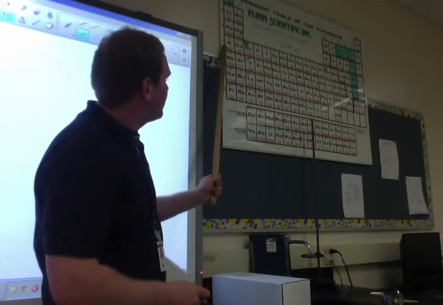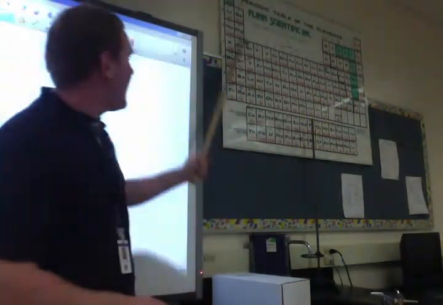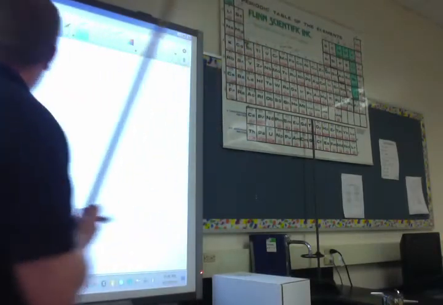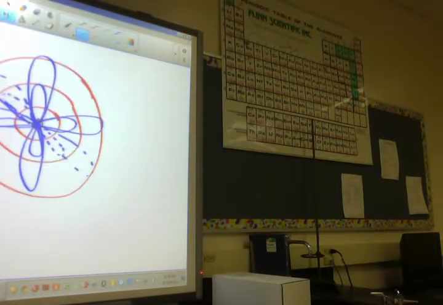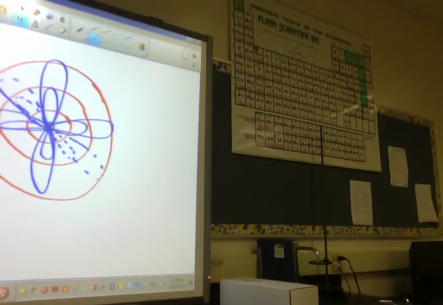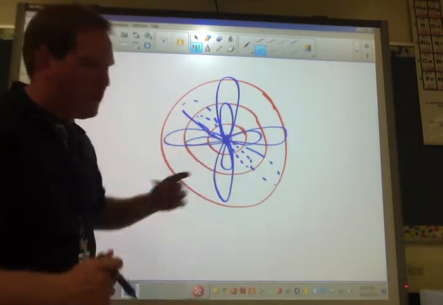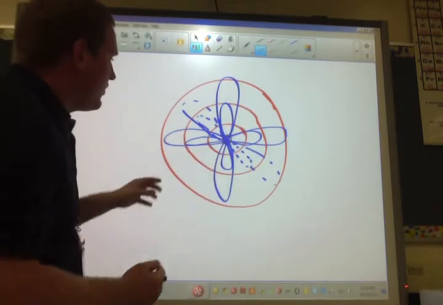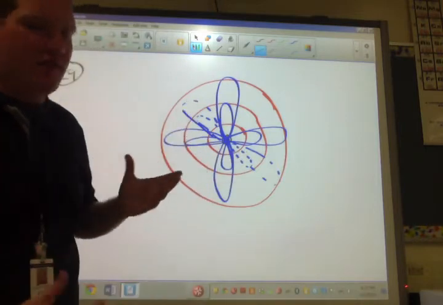Across a period, atomic radius shrinks because the largest you're going to get is the s orbital. If you look way back here, where did I have my drawing? So here, you can see that the p orbital's within the s. So as I fill up my p orbitals, I'm not adding to the size of the atom at all.